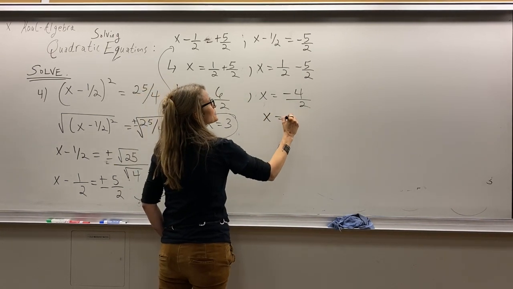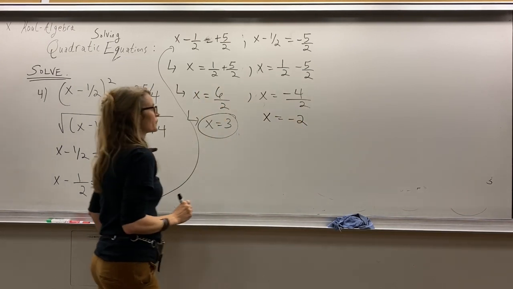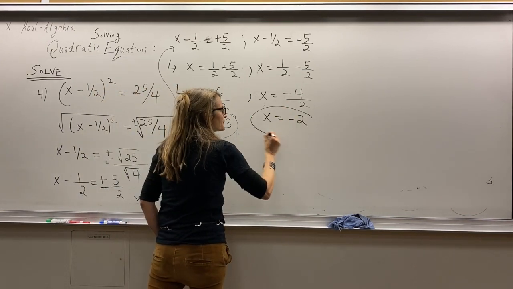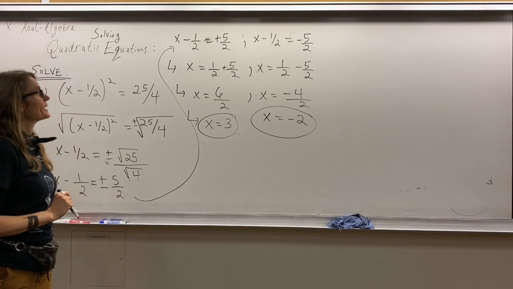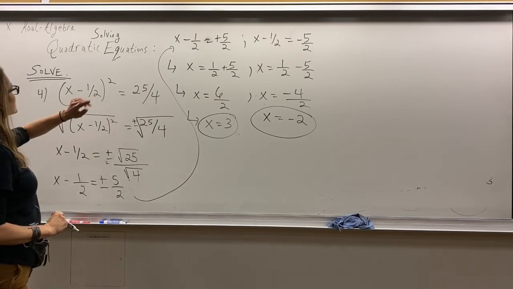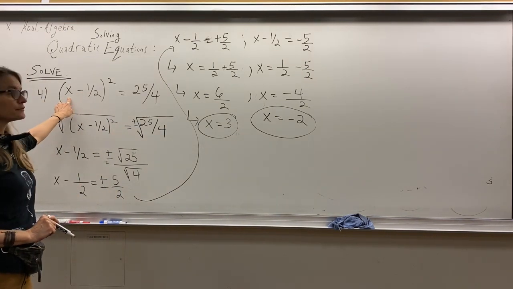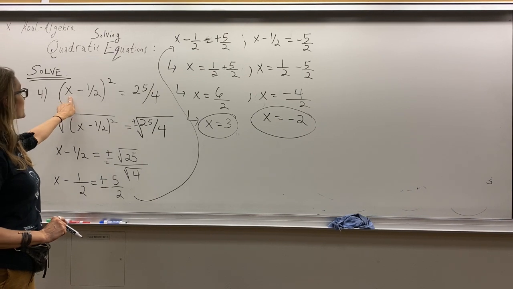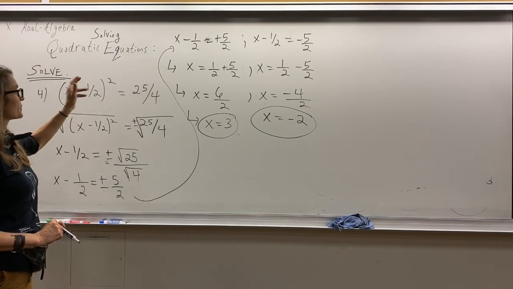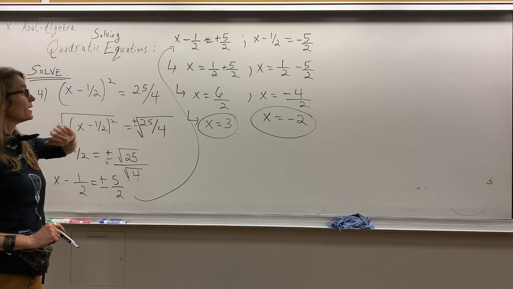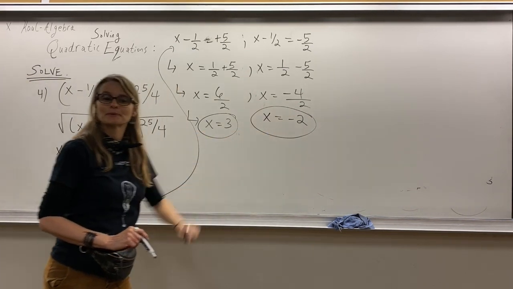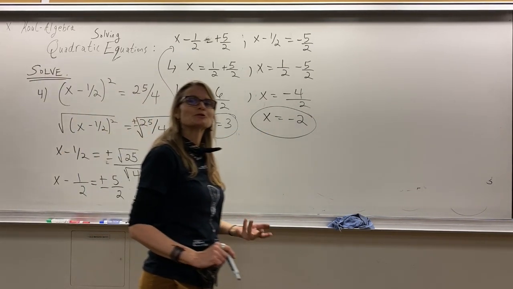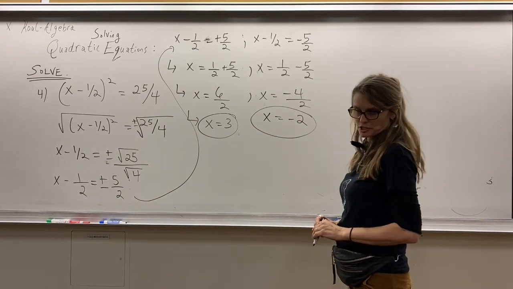And I get x equals negative 2 out of all that. And these are my solutions. And again, if I claim these are my solutions, I should be able to plug them back into the variable of x. So I put my 3 in here, subtract half, get 2.5, square it, and get 25 over 4. And the same goes with the minus 2. So if you claim it's your solution, you can always verify it with a check.